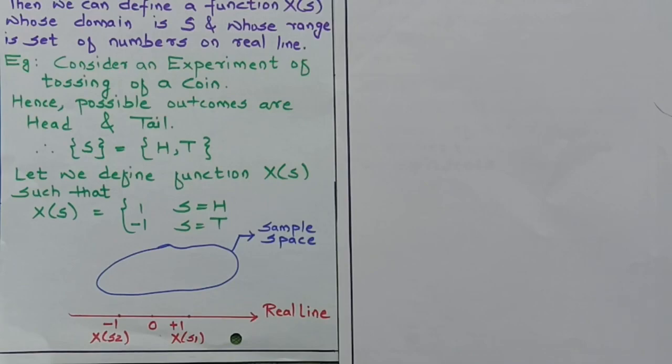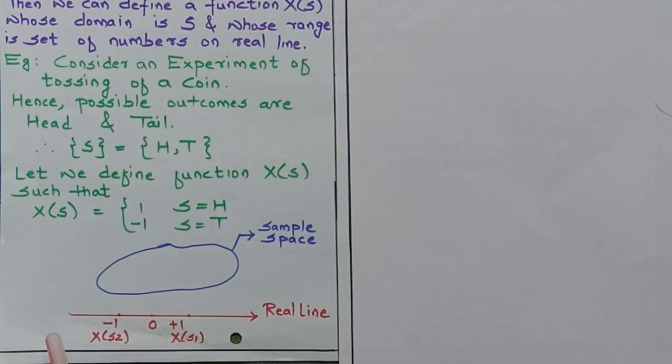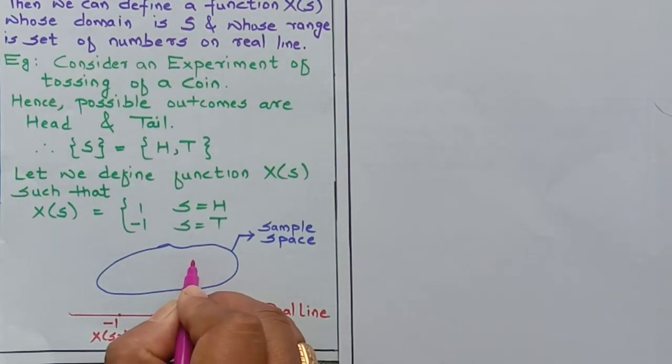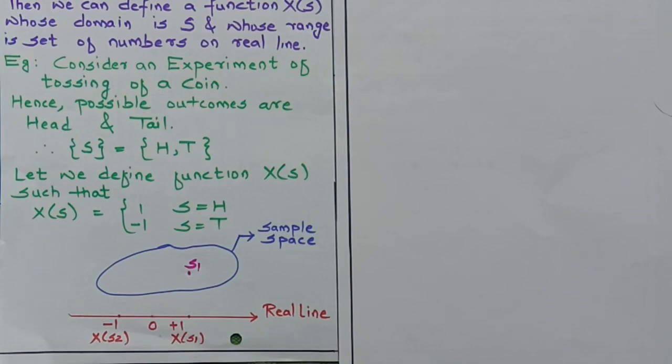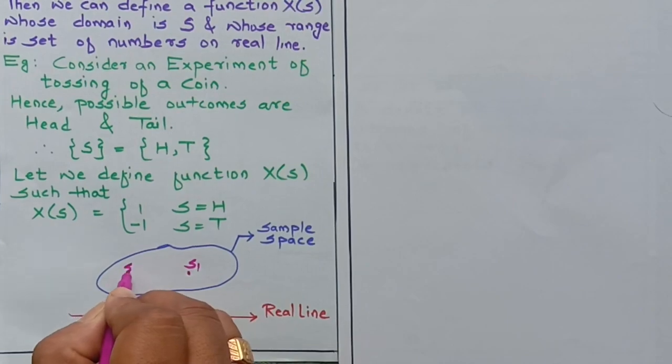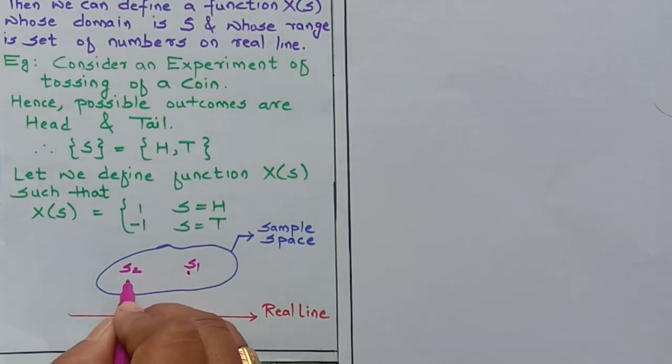We have drawn a sample space S here, that is capital S, and this is your real line. So it will be -infinity to +infinity. Now suppose there are two possible outcomes. Suppose S1 is one sample point, and another sample point could be tail, which we represent as S2.